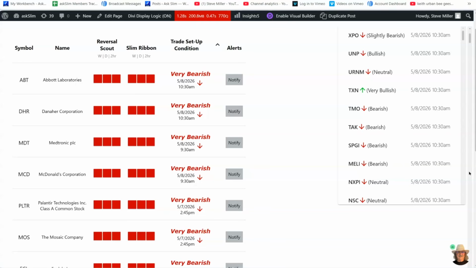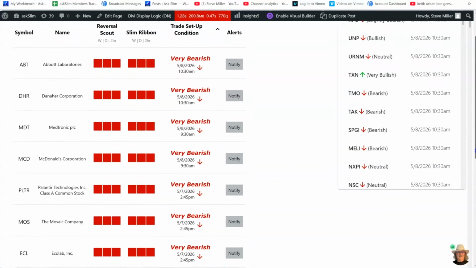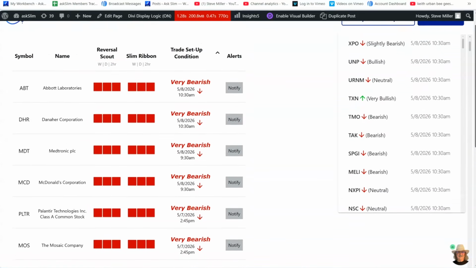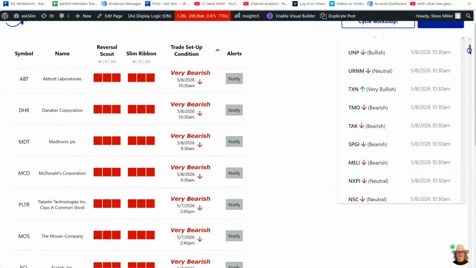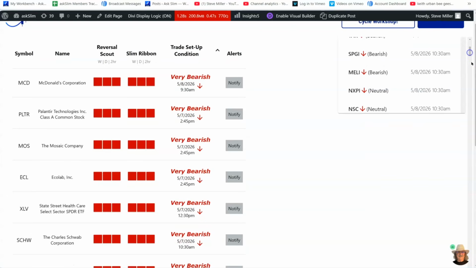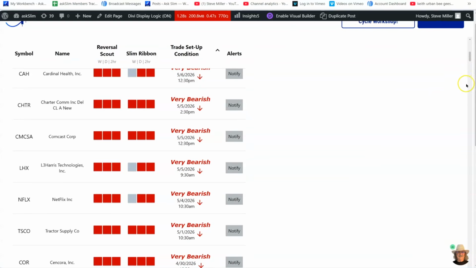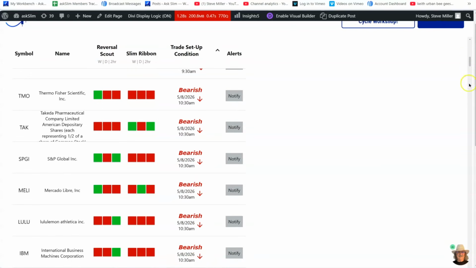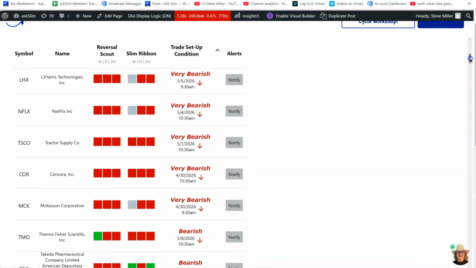It's been bearish, and now this morning switched to very bearish. So Palantir switched to very bearish yesterday right there for the short term. And let me just continue to move down in here so you could see the stocks that continue to be very bearish right here. And what a great way to really use this.